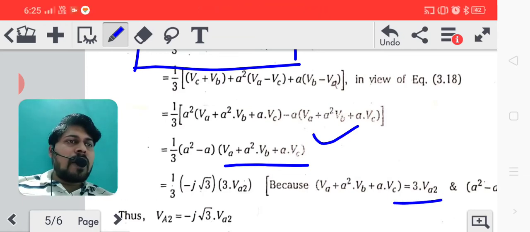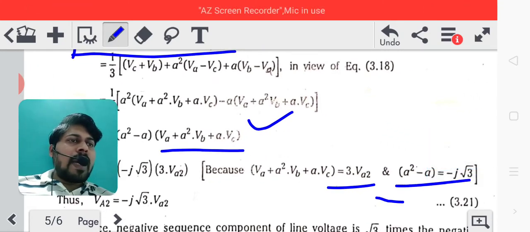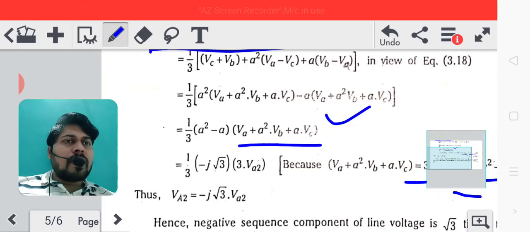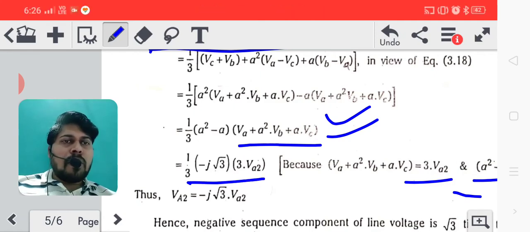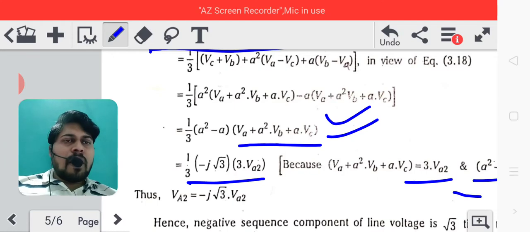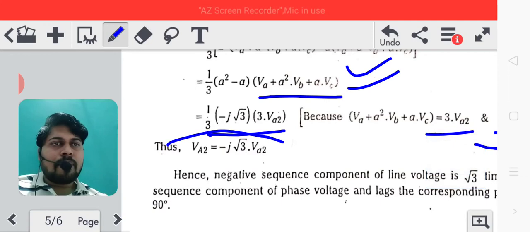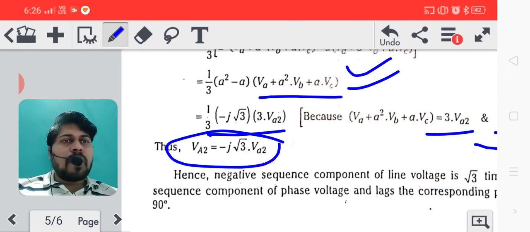We also know that a square minus a is equal to minus j root 3. Substituting this in this expression, we will get 1 by 3 into minus j root 3 into 3 into Va2. After cancelling 3, we will get the final expression as VA2 is equal to minus j root 3 into Va2.